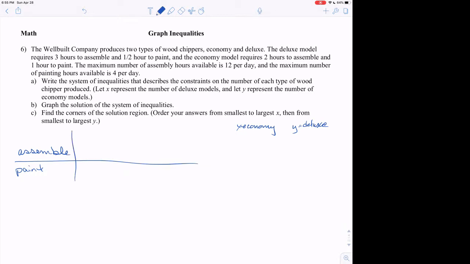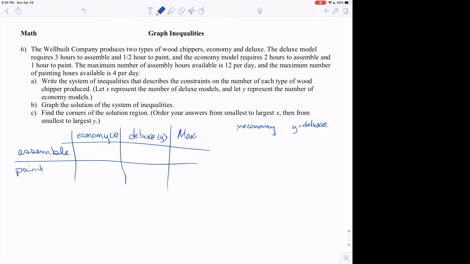Okay, so then we have the economy, which is our X type, and we have our deluxe, which are our Y type, and then we have what we want to maximize. All right?